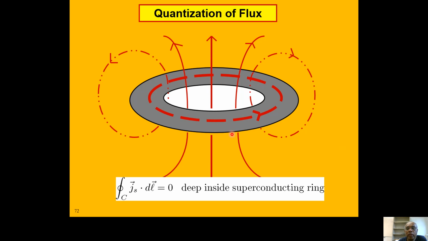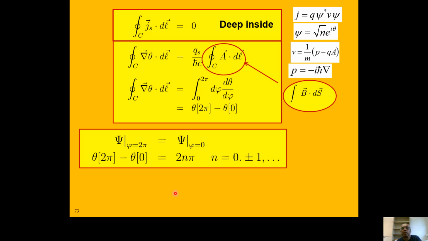You can have it at the boundaries, but when you go deep into the superconductor, that Js is going to be 0. So if you look at this line integral, this number should be 0. From that you can easily derive the flux quantization equation. This is the starting point: deep inside, your supercurrent is 0.